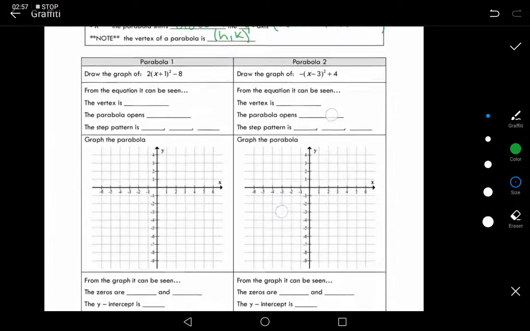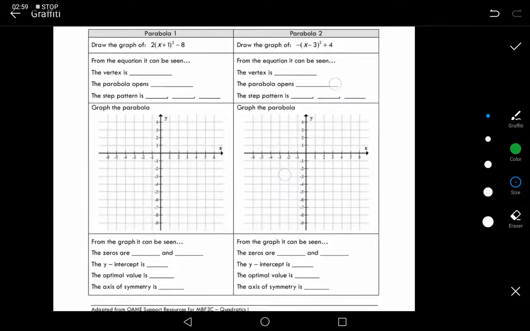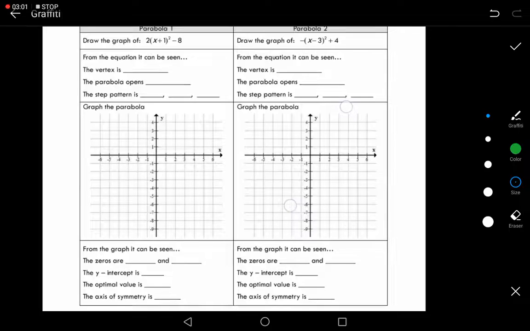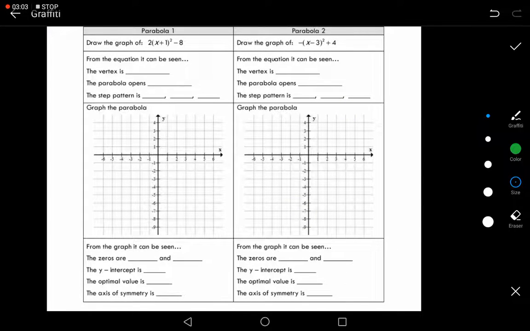So now let's look into actually graphing. So we have two examples here, and that is it. So parabola 1. It's asking us to draw the graph of 2(x + 1) squared minus 8. Before we can actually graph that, we need to pull some information from this equation. So the first thing is the vertex.